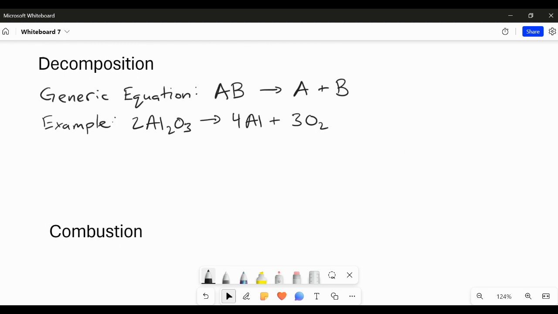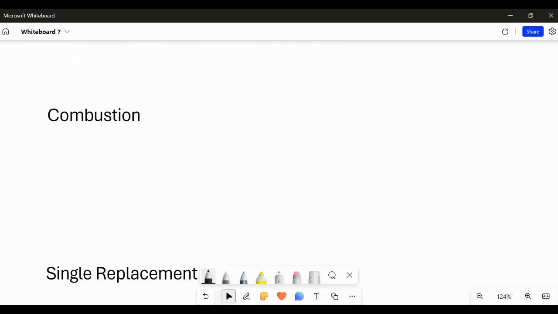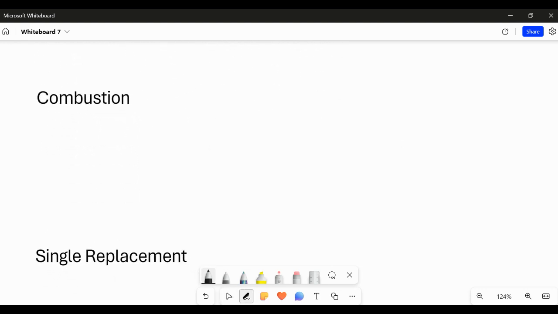Next one, combustion. Combustion is basically any reaction in which some kind of compound or element is reacting with oxygen and forming a new oxygenated or oxidized compound.